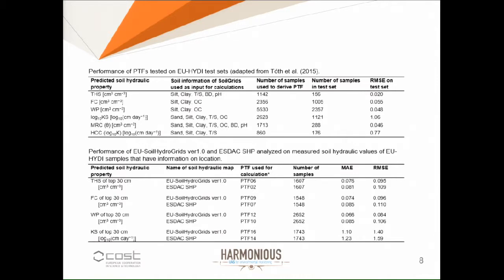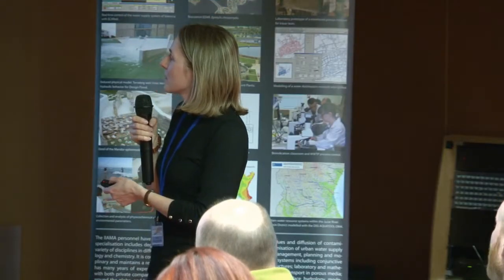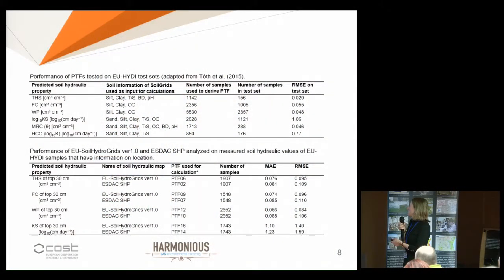Then we applied the pedotransfer functions and calculated the root mean square error. These errors are, let's say, acceptable. Based on these soil properties, you cannot get much better, let's say, much less uncertainty.